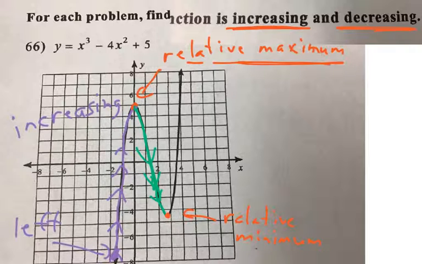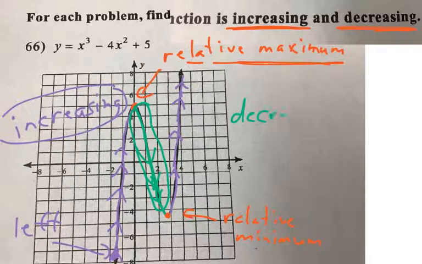And after it reaches its relative minimum, what does it do again? It goes back up again, doesn't it? See how it's going back up. So when it's going up in purple, that's increasing. When it's going down in the middle part of the graph, that's what we refer to as decreasing.